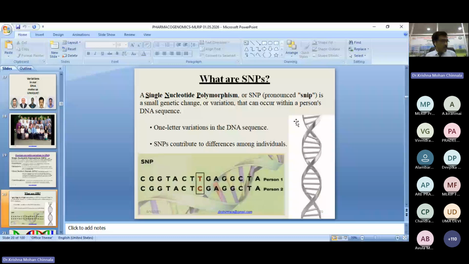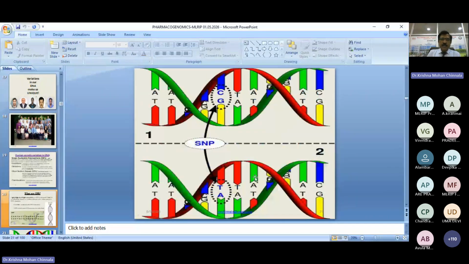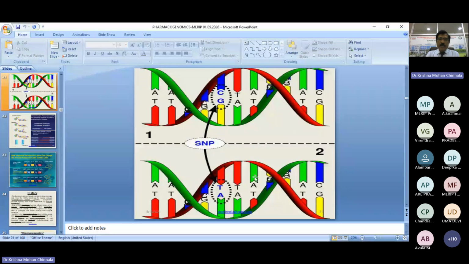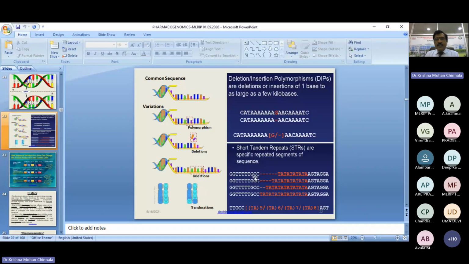That's what we discussed: why individualized treatment, or personalized treatment, is important. See, here in the SNP, just one change is there. Instead of T, here it is replaced by C, and it will give a different variant of your gene, right? So the same here, instead of CG, here it is TA.